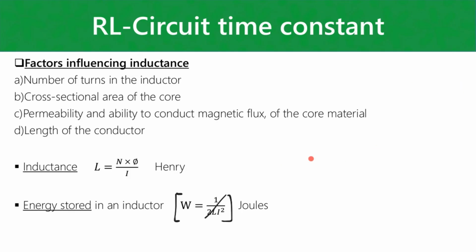In any case, that formula needs to be L times I squared over 2. It's very similar to the capacitor, where it was the capacitance multiplied by the voltage squared over 2. So for the inductor it's just inductance and current.